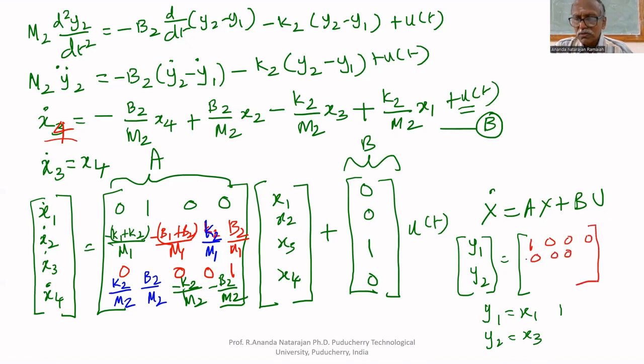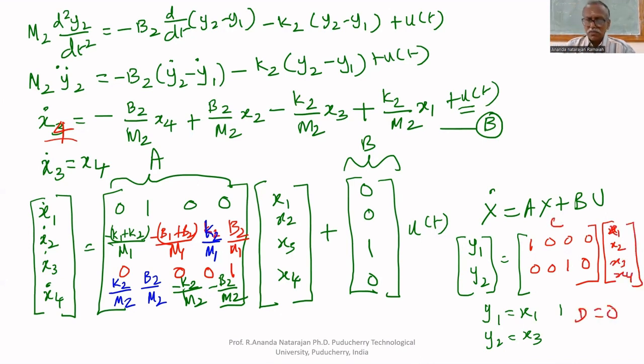The second row is x3, therefore 0, 0, 1, 0, times X1, X2, X3, X4. This is the C matrix.